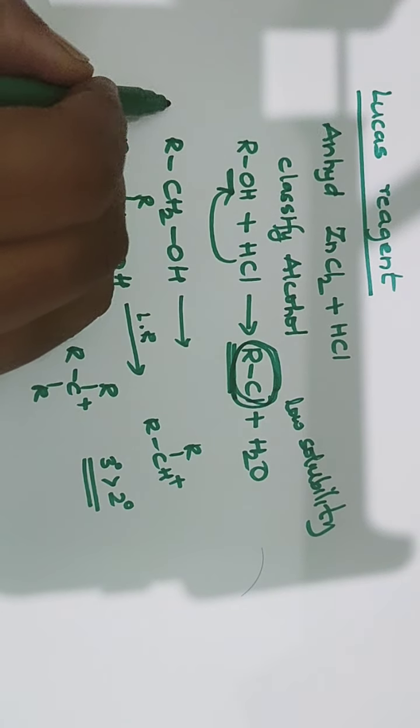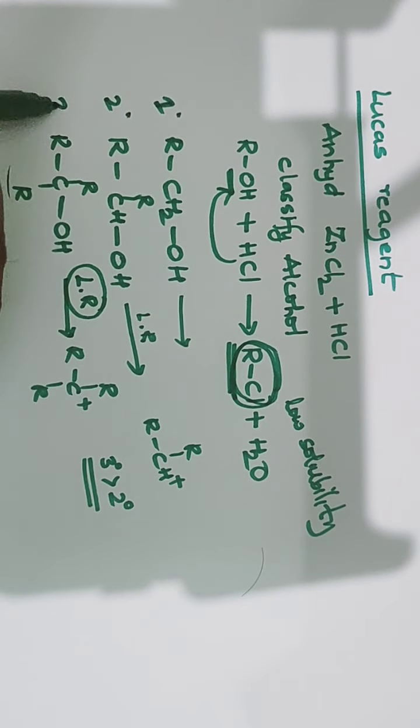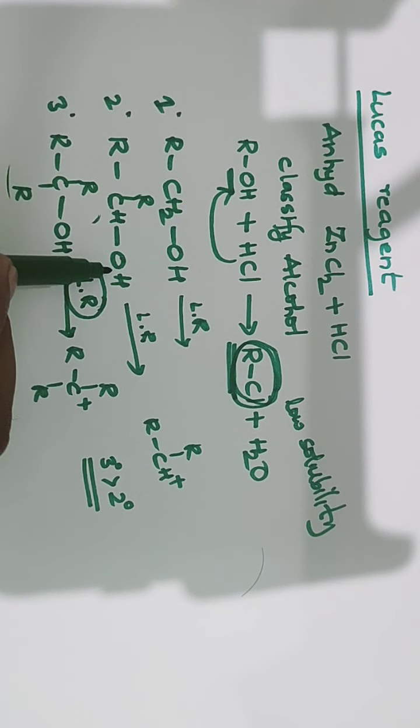So what happens when we add primary alcohol, secondary alcohol and tertiary alcohol? Tertiary alcohols react quickly, immediately. When treated with Lucas reagent, the solution forms an oily layer immediately because they react very fast. When secondary alcohols are treated with Lucas reagent, it takes around 3 to 5 minutes for the formation of the oily layer.